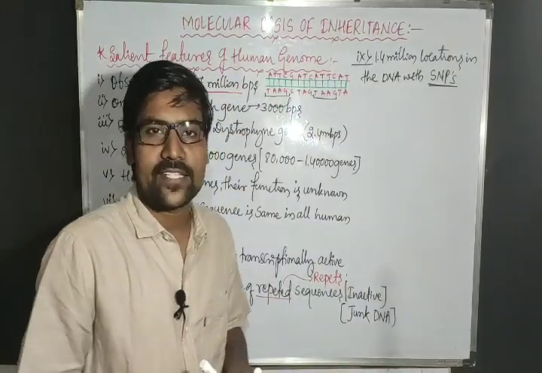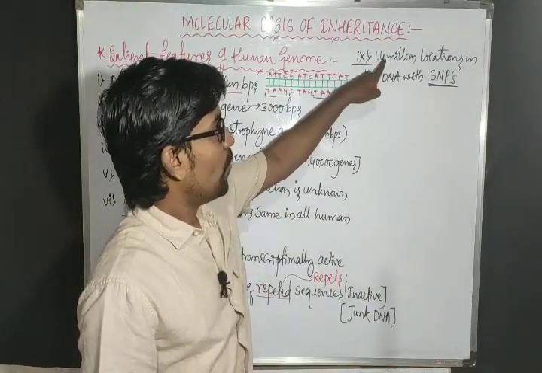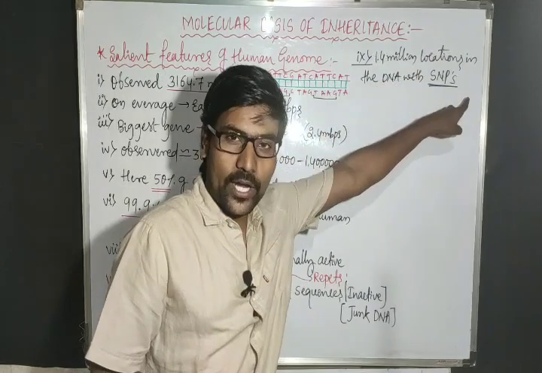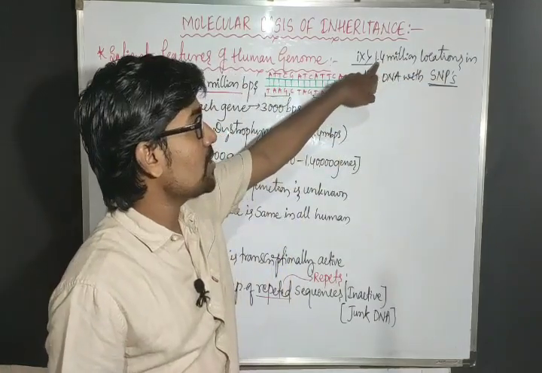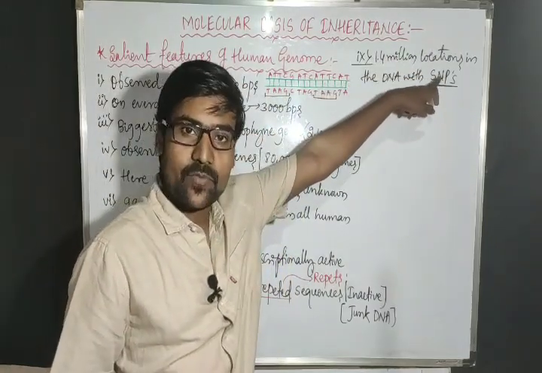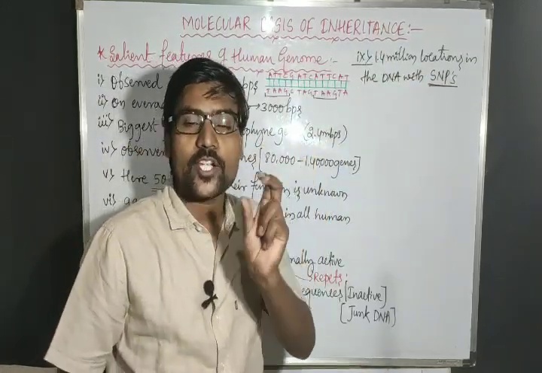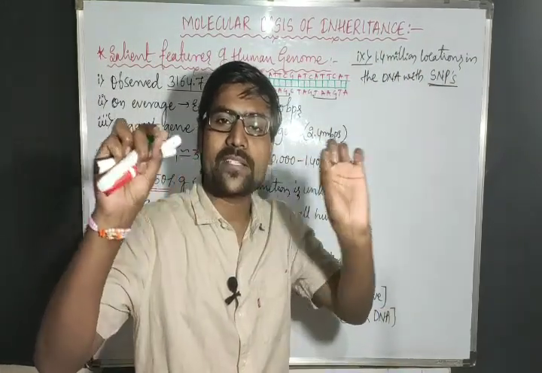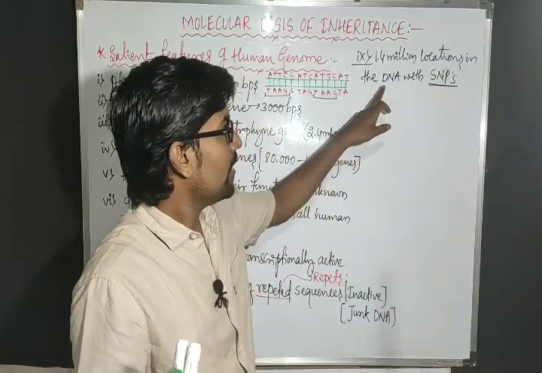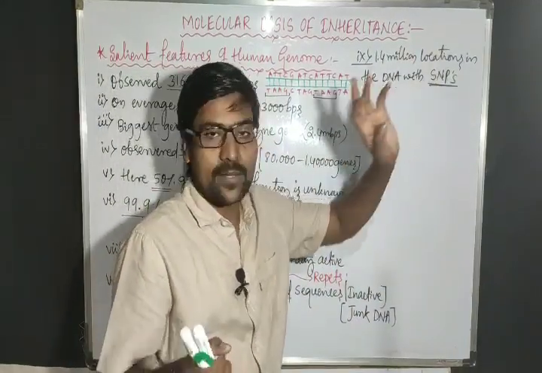This is quite another interesting thing. 1.4 million locations, that means how much? 14 lakhs. 14 lakhs locations in the DNA, 14 lakhs places in the DNA with SNPs.